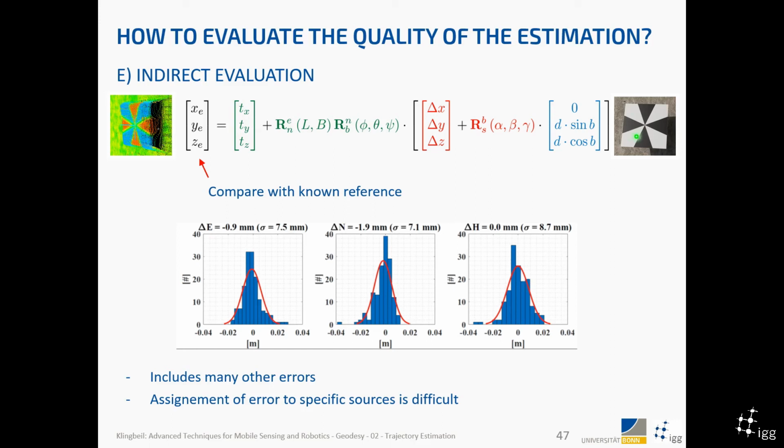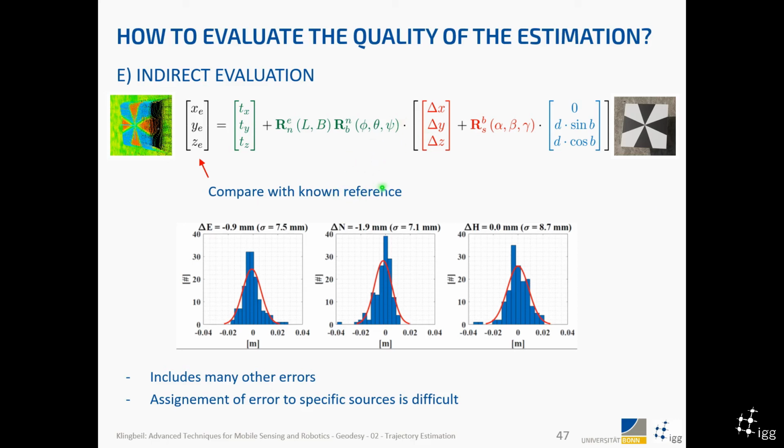If we know these in the world coordinates, then we can compare the position created by our mobile laser scanning system with a known position in the real world.